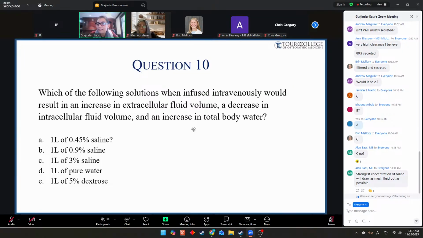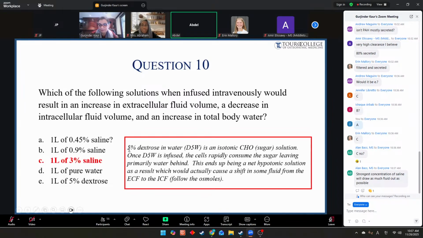Is it because it's hyperosmotic, so the water would come from the intracellular to the extracellular fluid to compensate, and then it's going to increase the extracellular fluid? Beautiful. So you want to create hyperosmolarity outside in the ECF to draw more water up from the cells, right? So that's how you would decrease the intracellular fluid volume and build up the ECF.